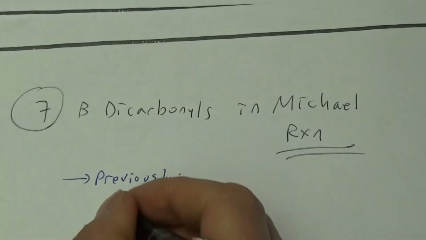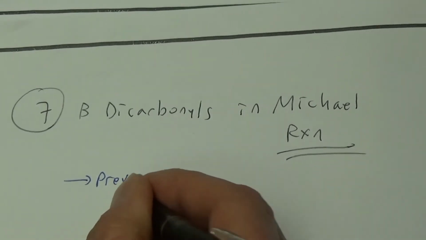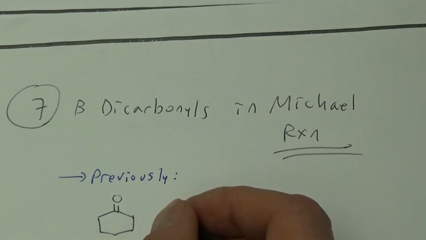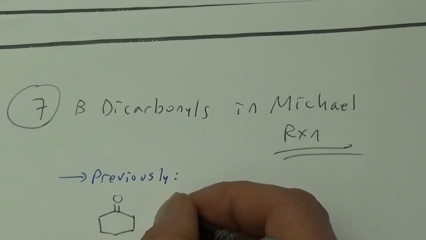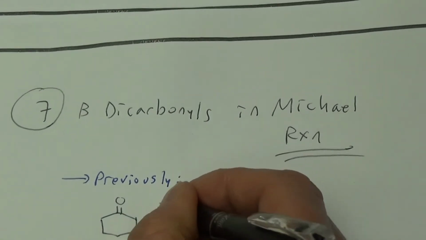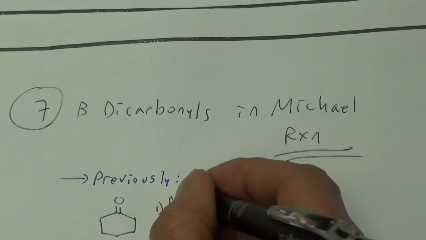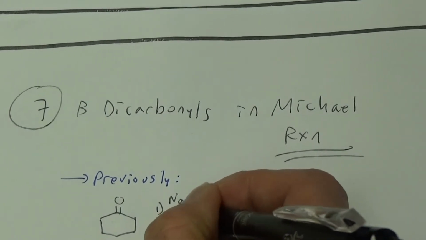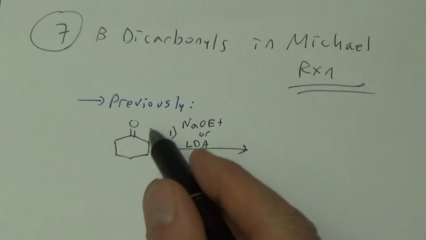Previously, you learned that if we have, I don't know, maybe a ketone, that we can use a strong base, and strong base could be NaOEt, or also like LDA, any of those kind of strong bases that take off the proton.